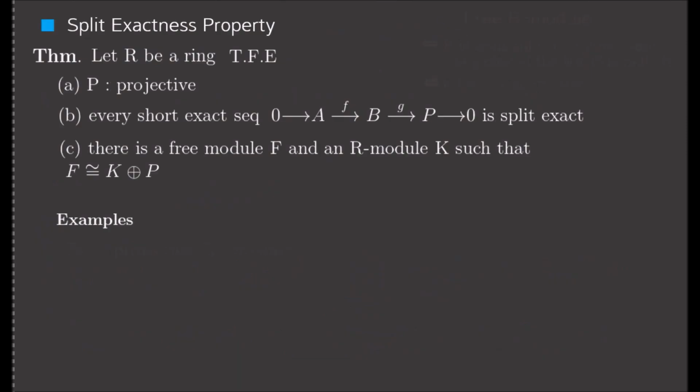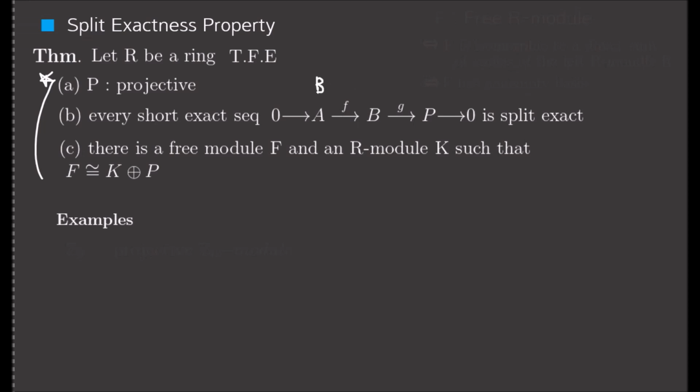Let's see the split exact property, which is related to projective modules. This property is also a useful tool to determine whether a module is projective or not, and it can be applied in some non-free module cases. Let's see the theorem. Let R be a ring, then the following are equivalent. Statement A, P is projective. Statement B, every short exact sequence is split exact.